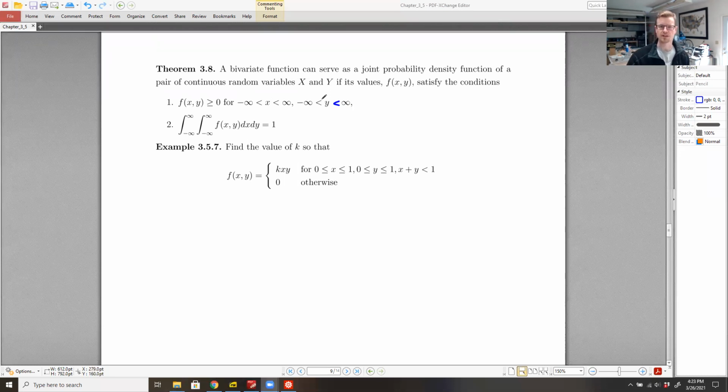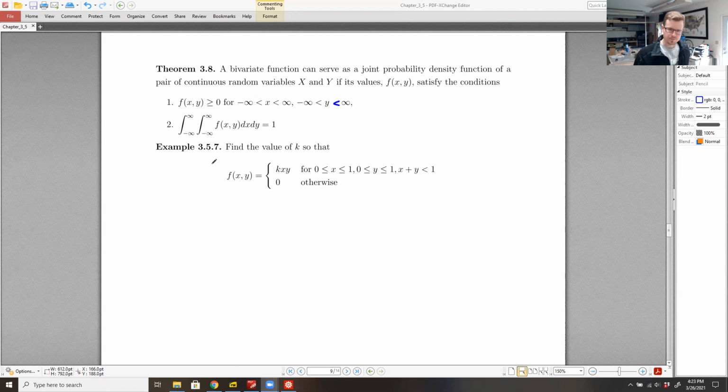All right, and then of course, we need that total area beneath the graph of the function to be 1, because we're looking for probabilities here. We can't have probabilities greater than 1, so we need the total area beneath the graph to be 1.